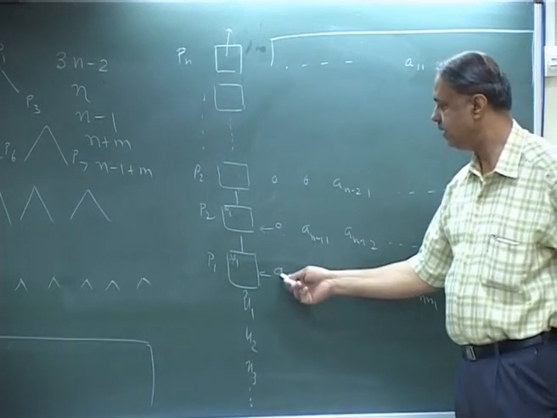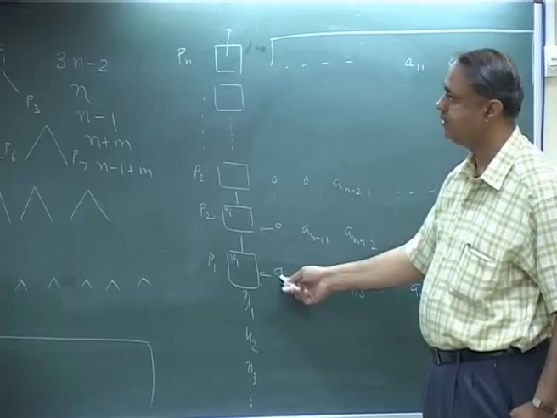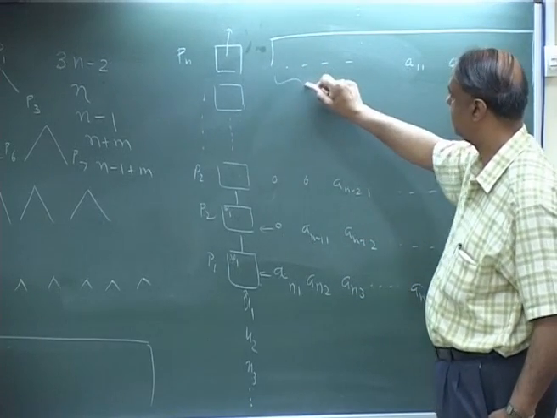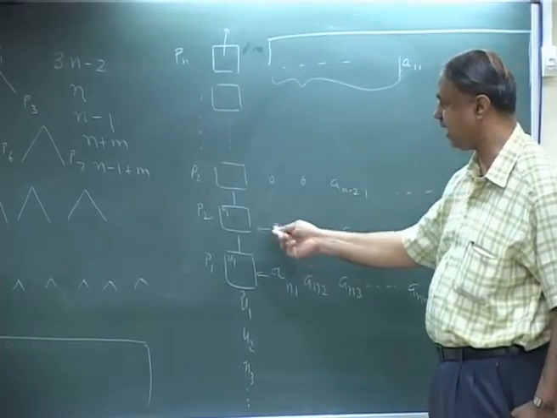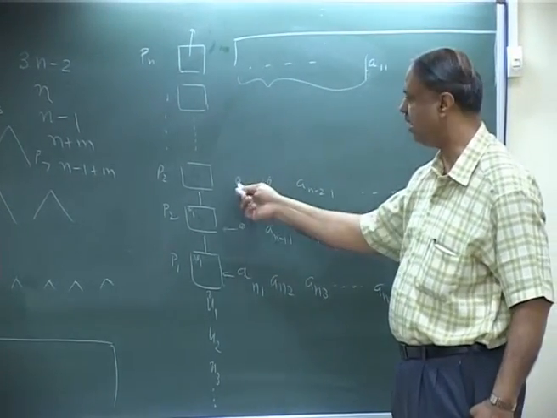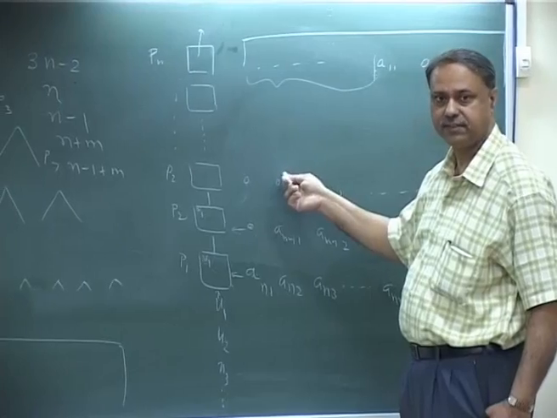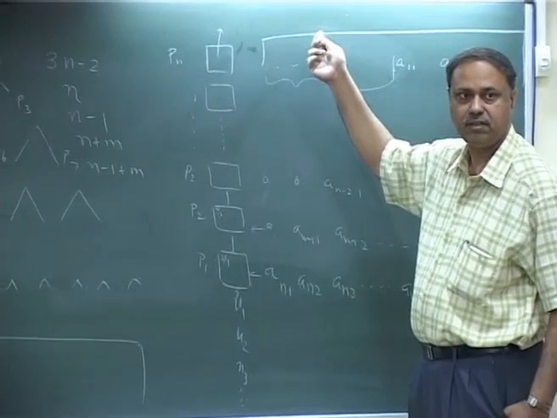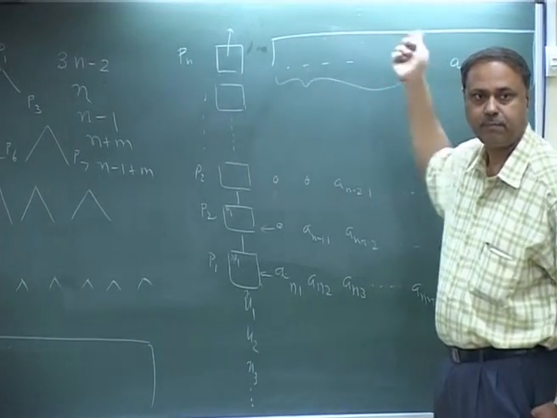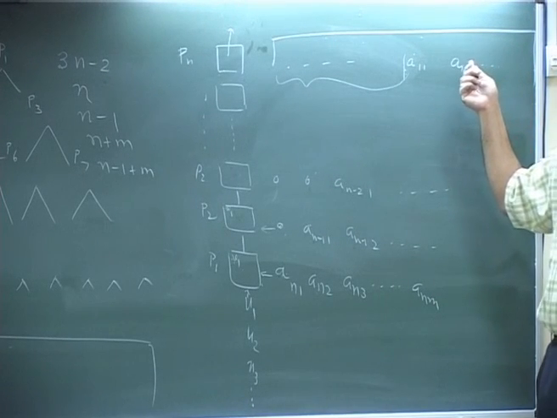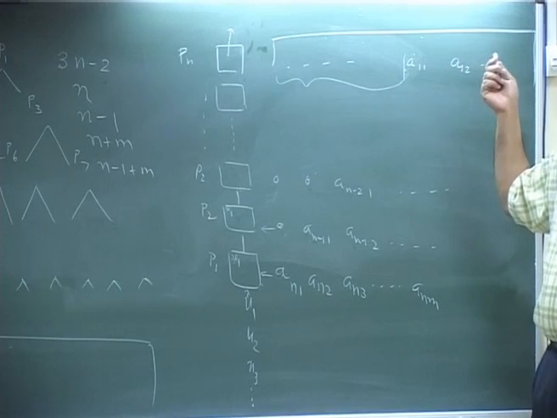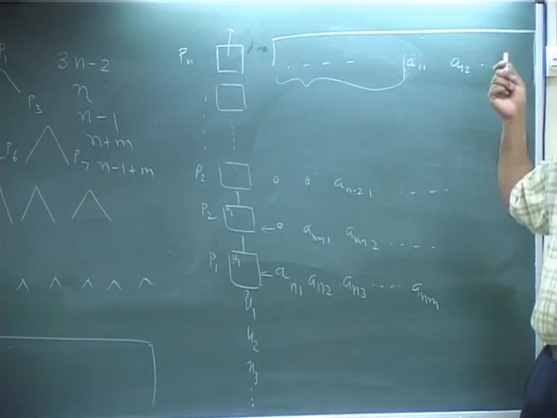This element is here. How many blanks? Second row, 1 blank. Third row, 2 blanks. Nth row, n minus 1, plus how many elements are there? M. So it is n minus 1 plus m. Agreed or not?